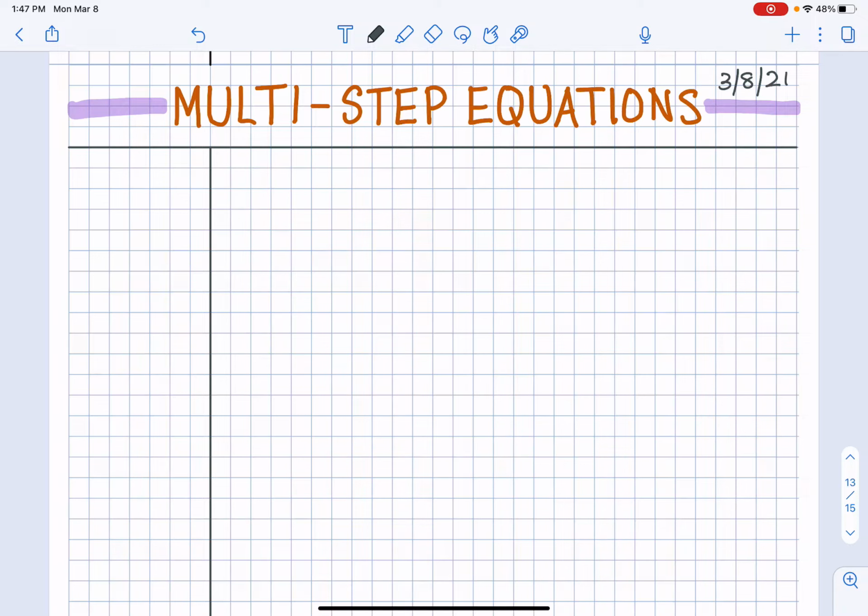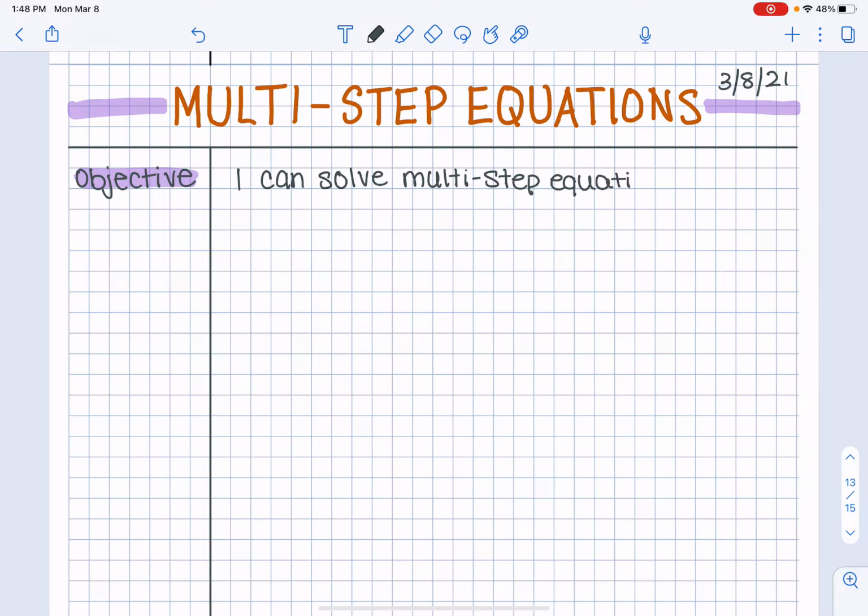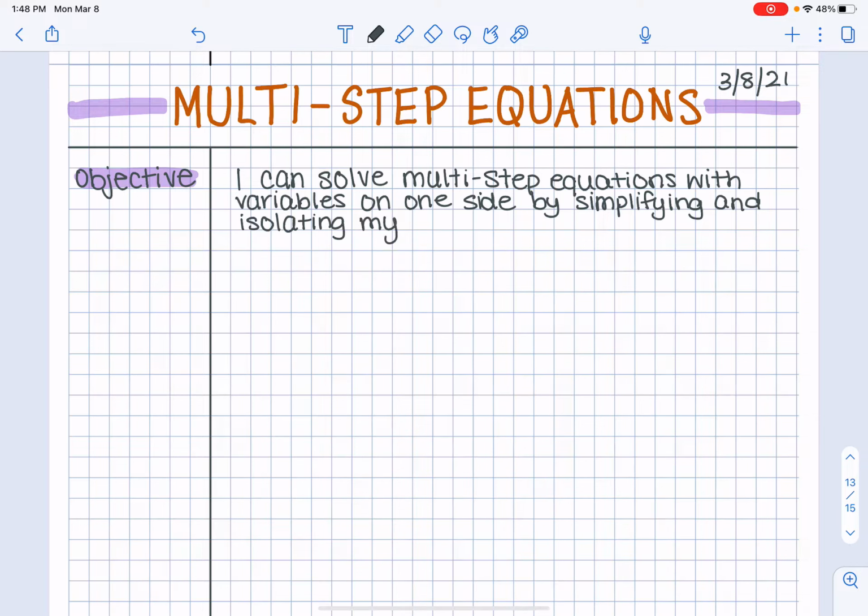Okay, so our objective for today is: I can solve multi-step equations with variables on one side by simplifying and isolating my variable.